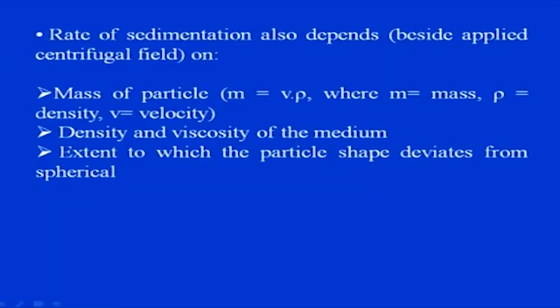So, one factor is the mass of the particle, another is the density and viscosity of the medium, and another is the extent to which the particle's shape deviates from the spherical. That is, a particle is an ideal spherical molecule or it is elongated or some other kind of shape it takes. Here spherical and aspherical need to be remembered.